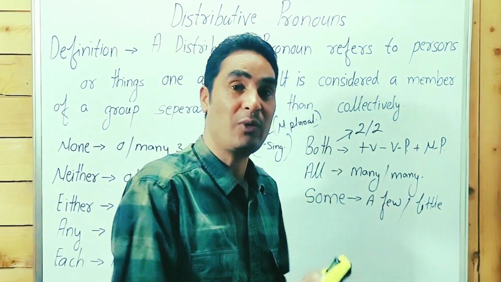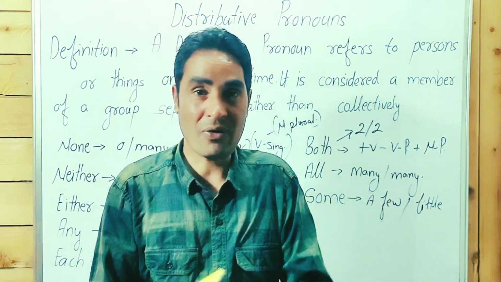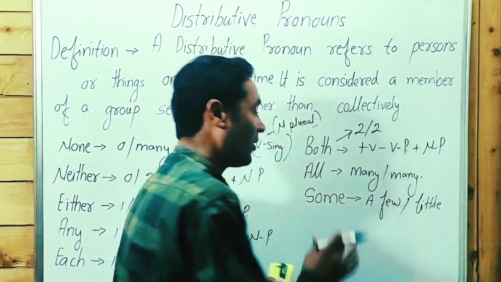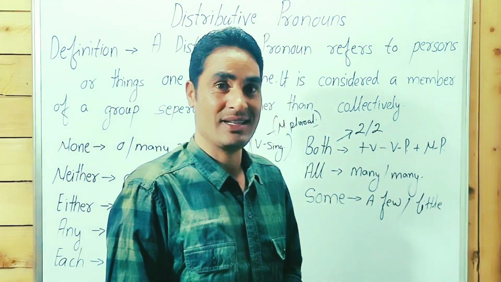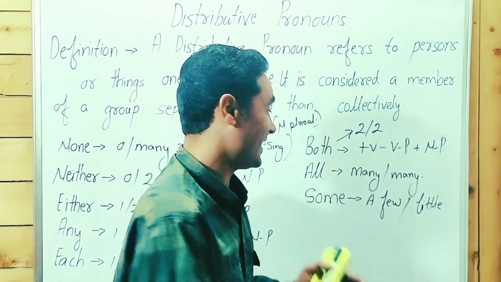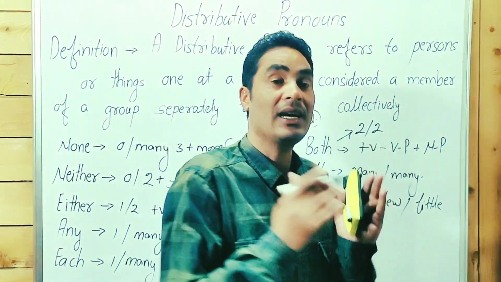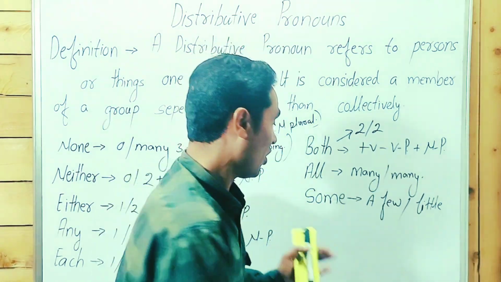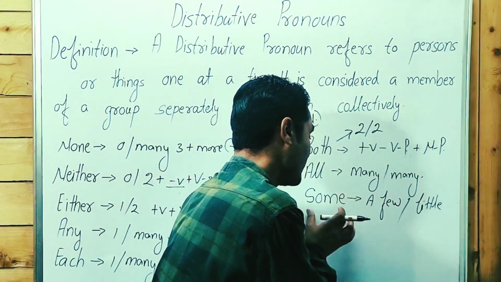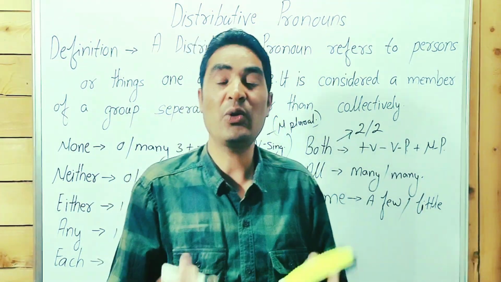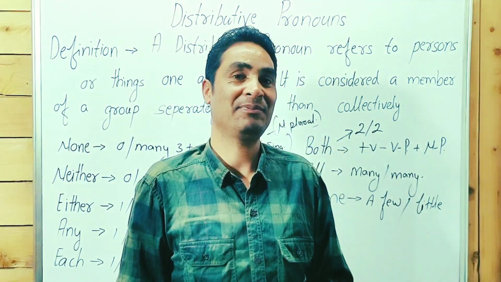All, okay, many out of many. It means when we talk about 5 out of 5, 10 out of 10, in this case we use all. When we talk about some, when we talk about uncountable nouns, in this case we use a little, a little out of much. When some is used for countable nouns, in this case we use a few out of many.